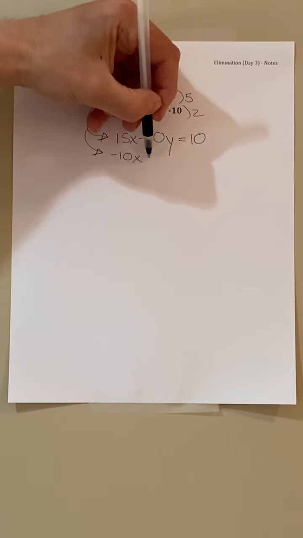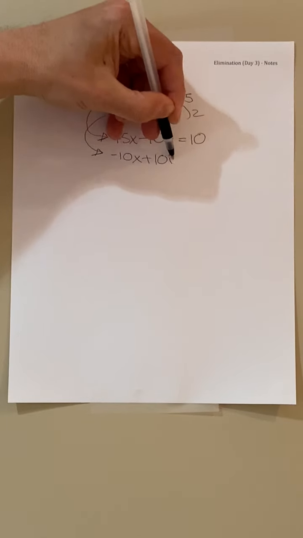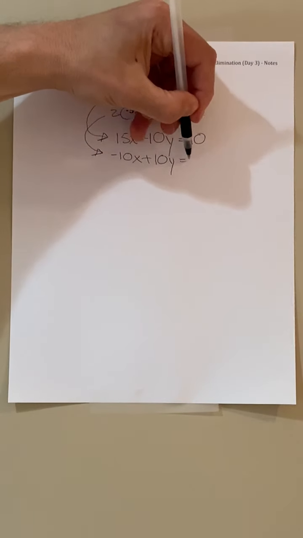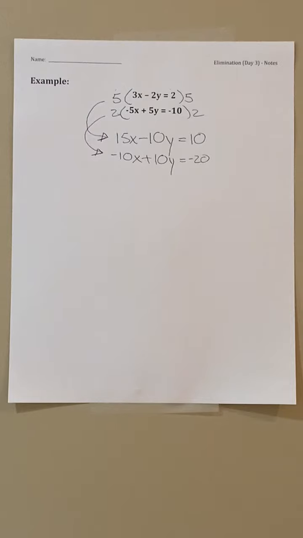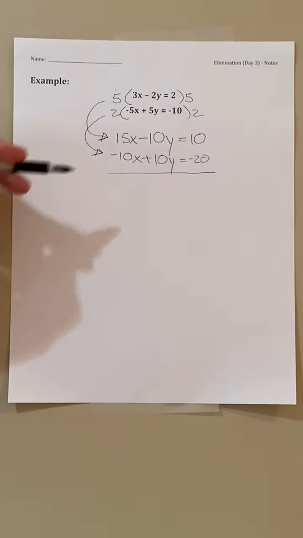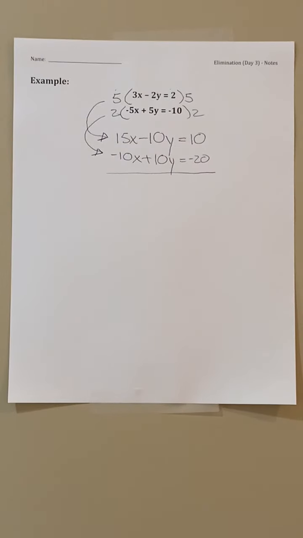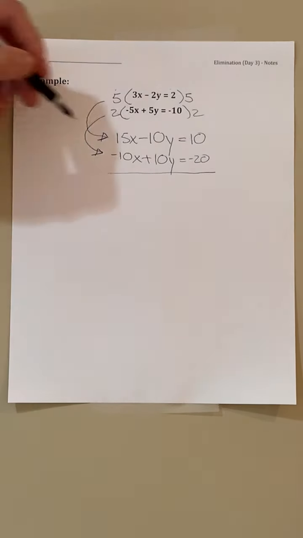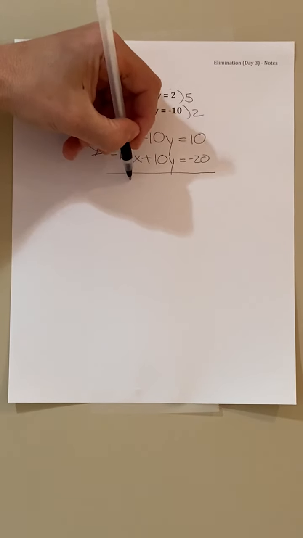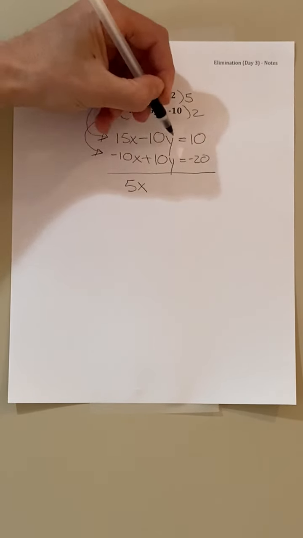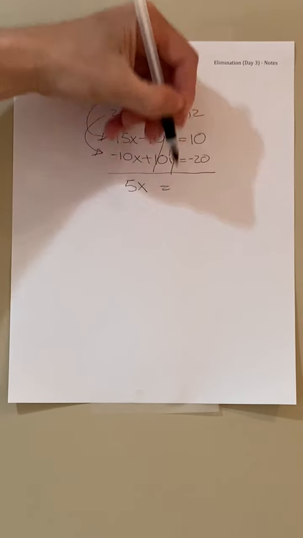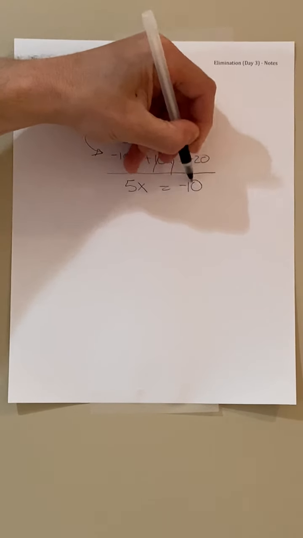Negative 10x plus 10y equals negative 20. Now we see that we have a zero pair in y. So y is going to eliminate when I add the two equations together. When I add my equations together, I get 5x, y eliminates, equals negative 10.